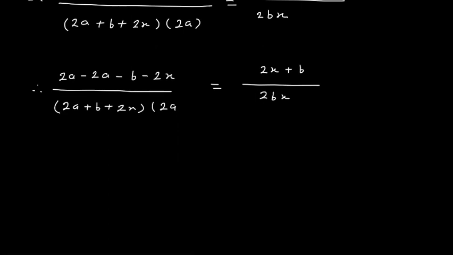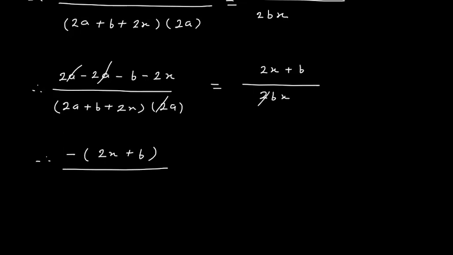Now this 2a to a you can cancel, you can take minus sign common, so therefore here if I take minus sign common, here I have 2x plus b divided by, we have now this 2 and 2 from left and right you can cancel, okay, denominator.